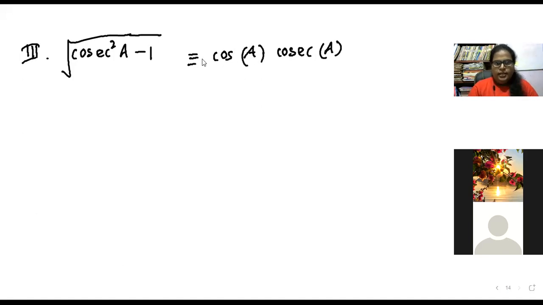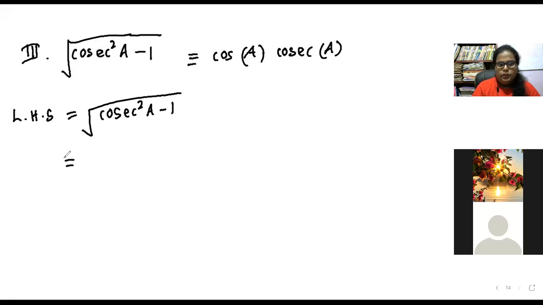So here, what you have to do is look at the left hand side, inside the square root mark, where you have cosec square A minus 1.